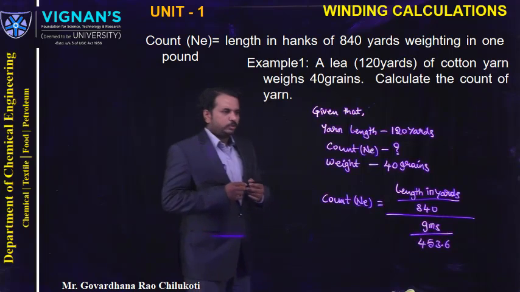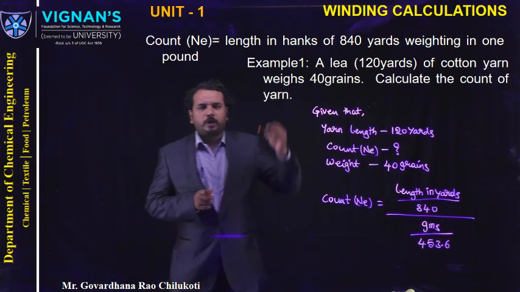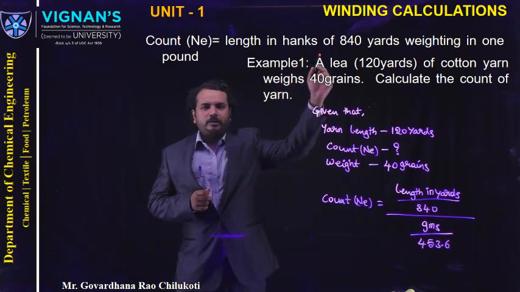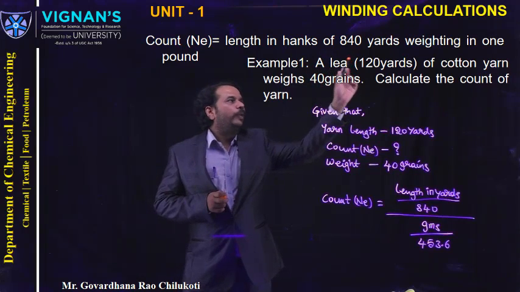As the count formula is given, length in hanks of 840 yards weighing 1 pound.